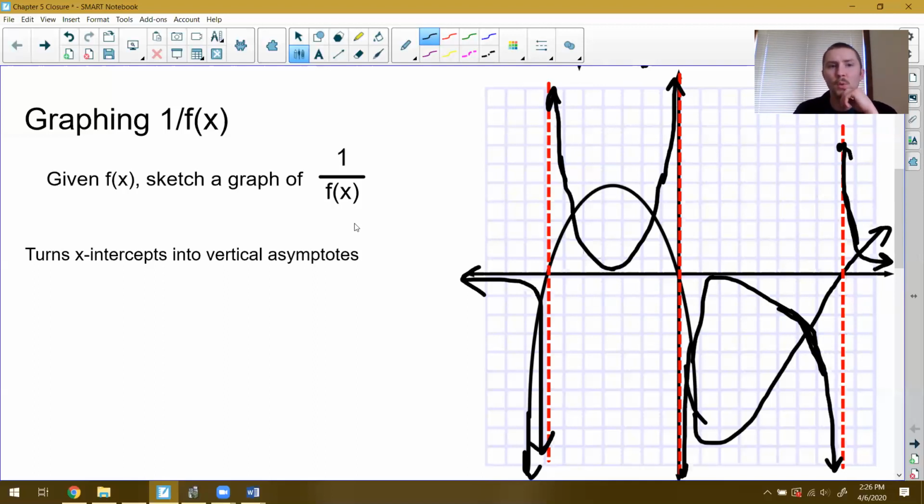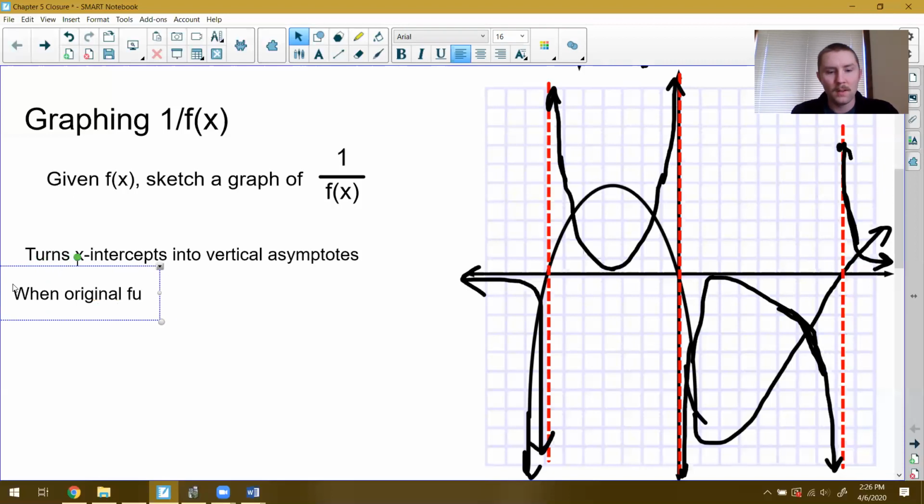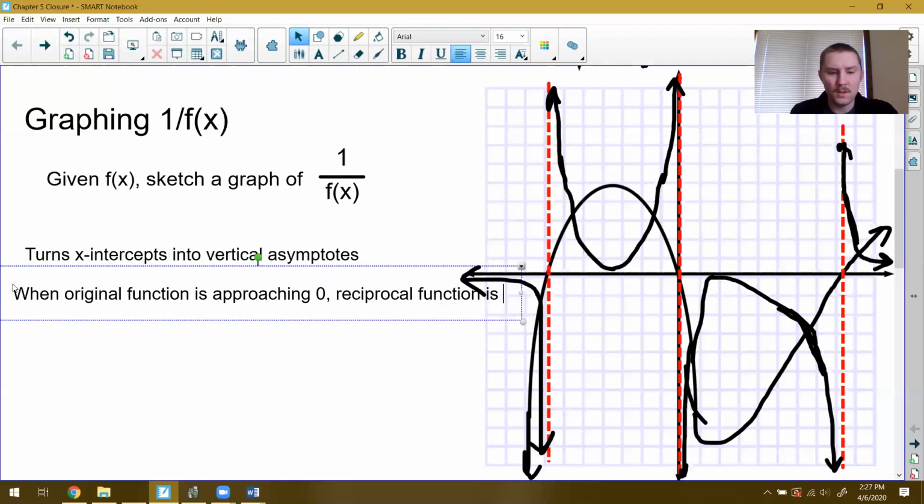Okay? So when you're asked to sketch a graph of 1/f of x, remember these things: flipping the function over turns the x-intercepts, wherever it crossed the x-axis, into vertical asymptotes. And when the original function is approaching 0, the reciprocal function is going to infinity, or possibly negative infinity, right?